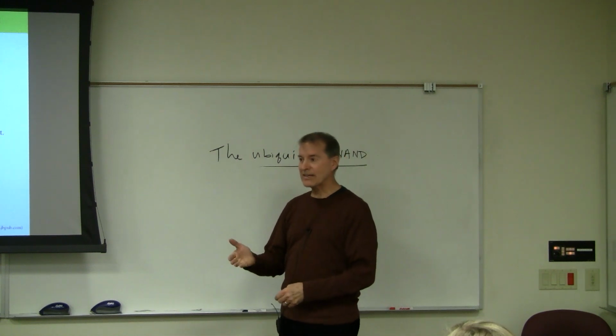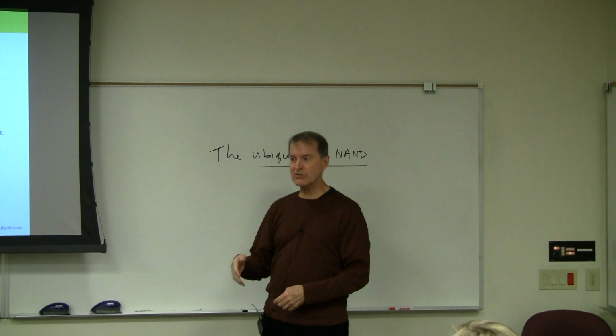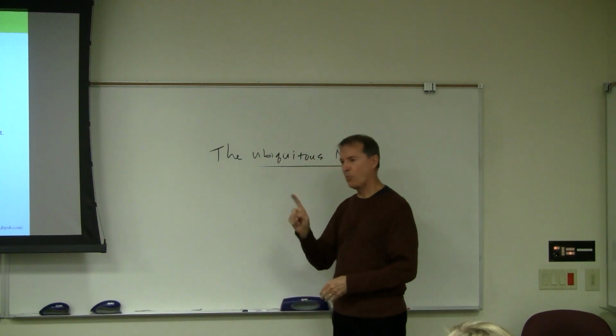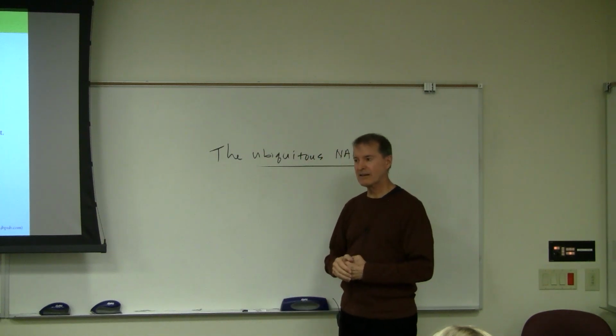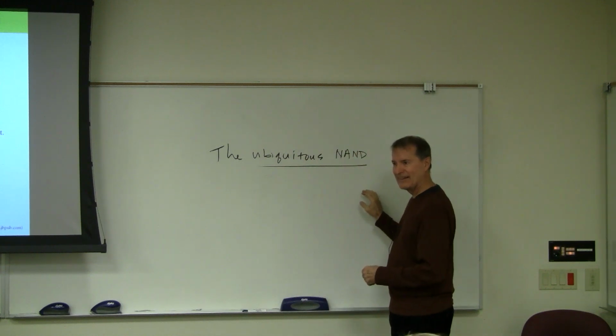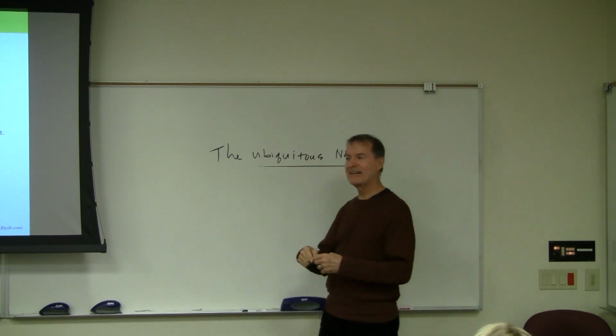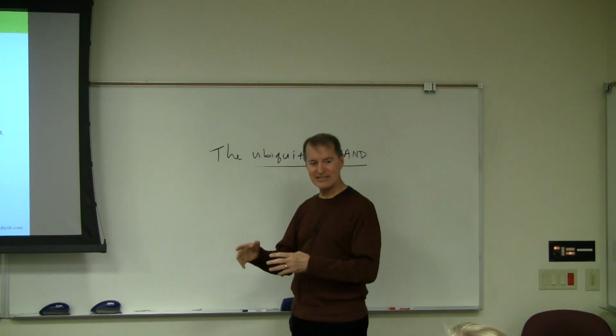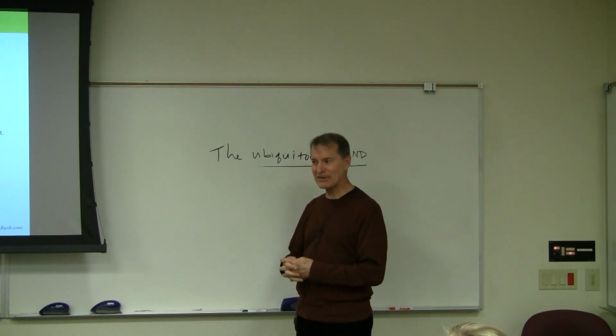It's actually possible to construct an axiomatic system that has only one operator, NAND. And then you can define everything just in terms of NAND. And some people actually do it that way.